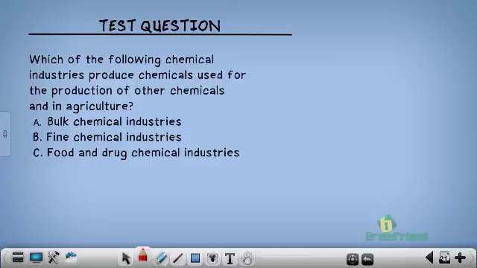C. Food and drug chemical industries. Well, if your answer was A, then you're correct. Remember we said that bulk chemical industries produce chemicals in very large quantities which are used in the making of other chemicals and in agriculture.